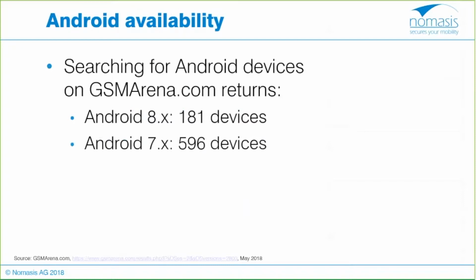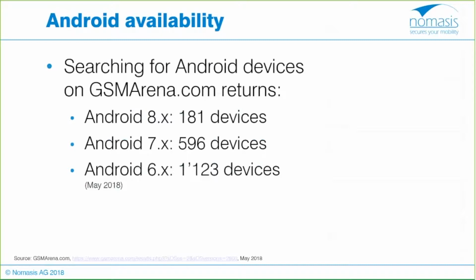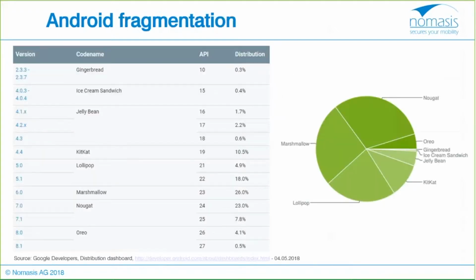If we include the last Android version, we get an additional 600 devices, and if we even go back further, one more time, we are at 1,000 devices. This is just to give you an overview of how different it is to compare iOS to Android, how difficult this makes it also for vendors to apply solutions that work on all devices, because it's just a magnitude of difference between the devices that are available.